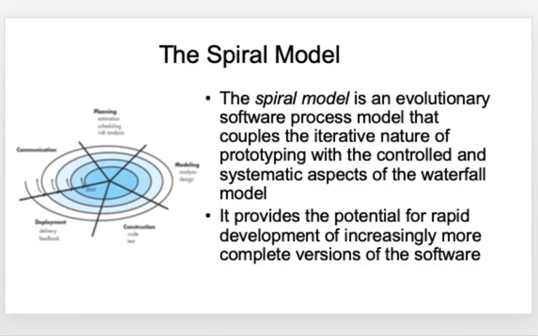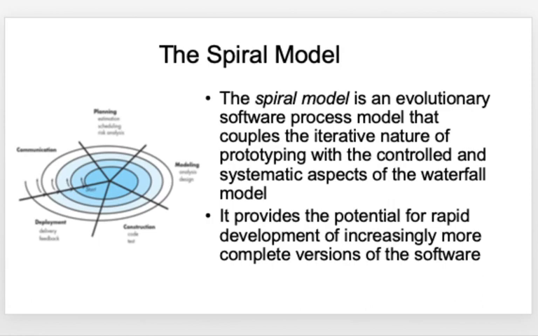So we move on to the next evolutionary process model, called the spiral model. The spiral model is an evolutionary process model that couples the iterative nature of prototyping with the systematic aspects of the waterfall model. So spiral model equals prototyping plus waterfall.